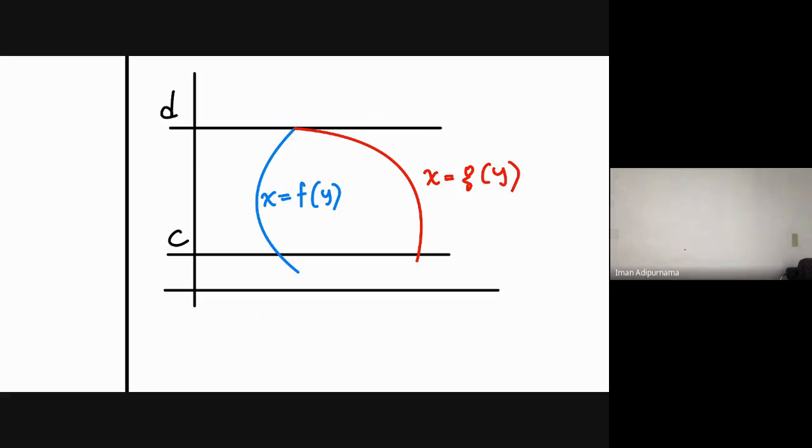Now we have f of y and g of y. So we have functions in y, right?